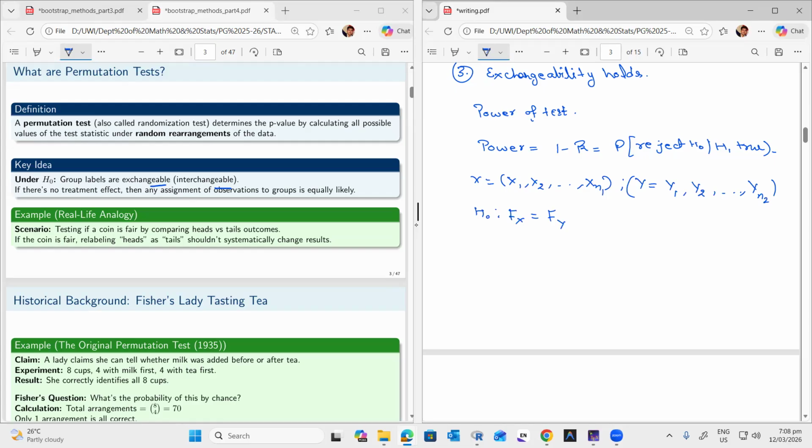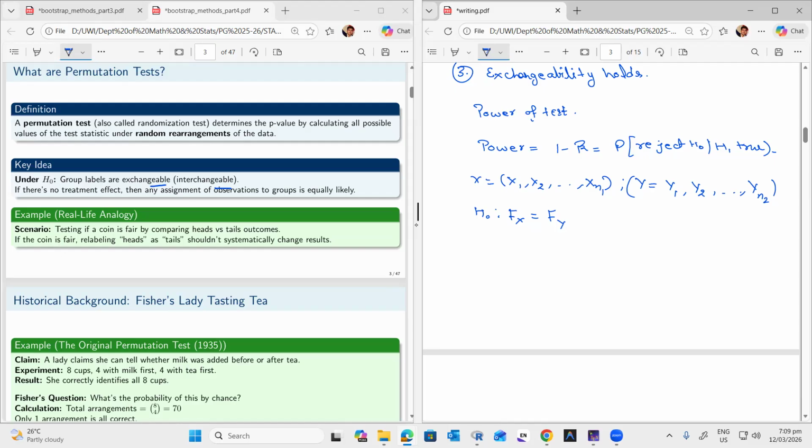Both samples come from the same distribution family, and then they are combined into a combined sample of size n1 plus n2 observations, and we generate the samples.